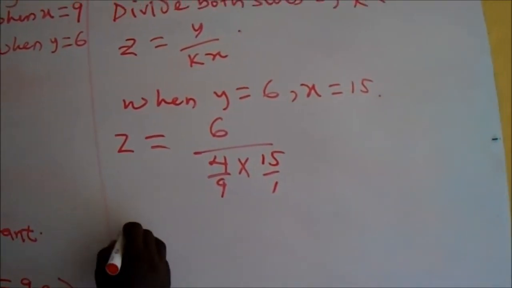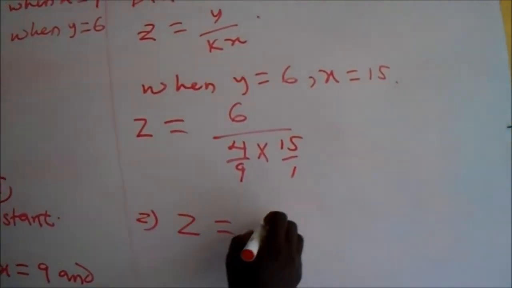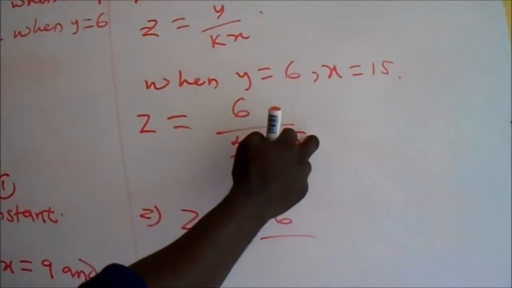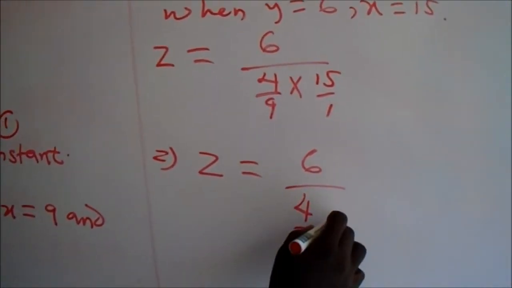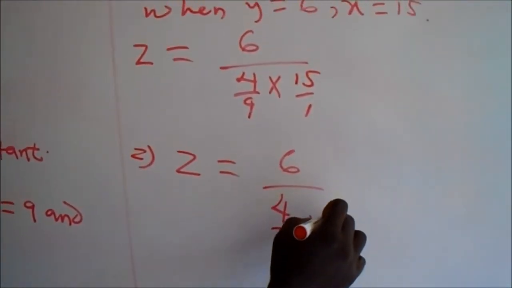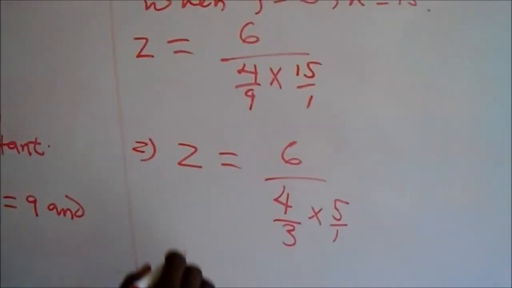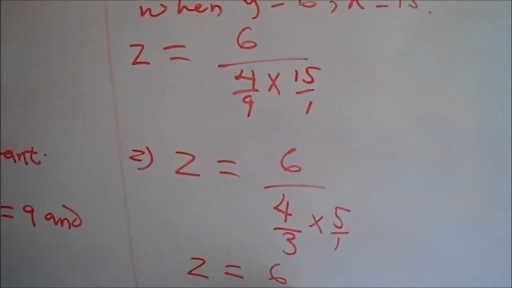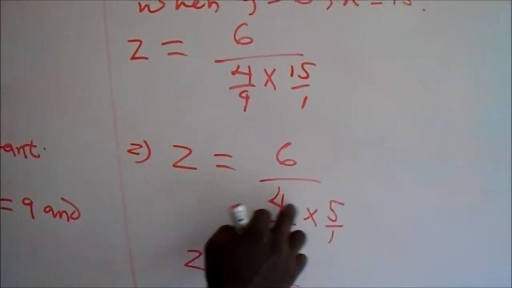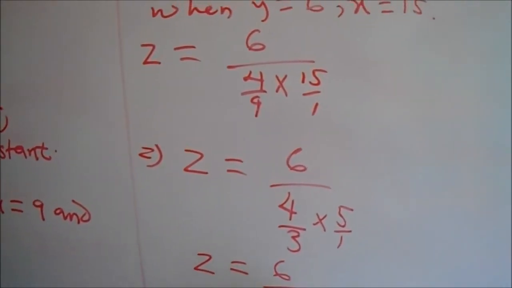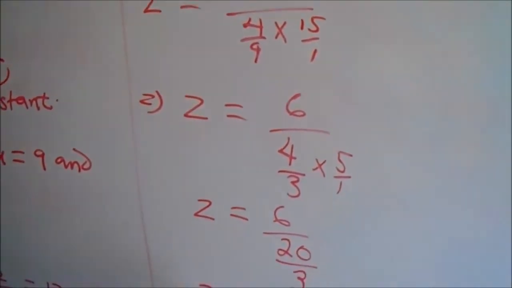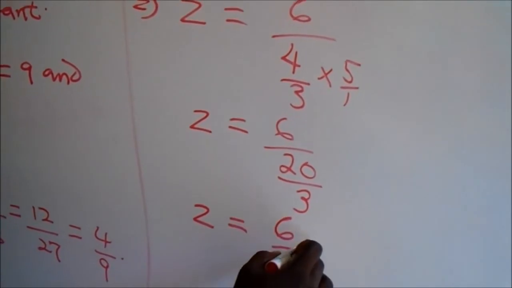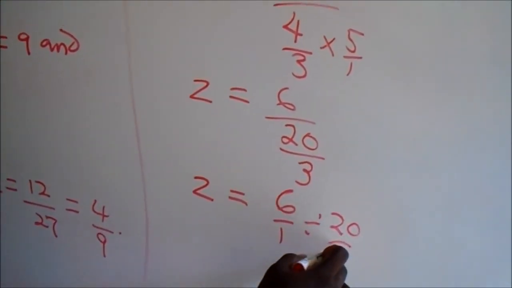So z will be equal to 6 divided by, we can cancel something here, we maintain our 4. Now 3 into 9 gives you 3, and 3 into 15 gives you 5. Which implies that z is equal to 6 divided by 4 times 5, which is 20, over 3 times 1, which is 3.